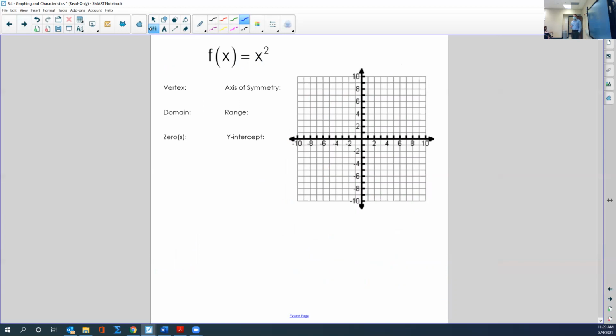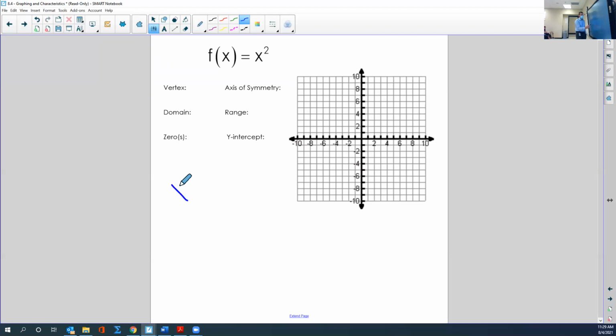We need to be able to apply some of these things and know how to work from just finding the vertex. So technically, f(x) = x squared is in all three forms. Right? It's in standard form, it's in vertex form, it's in intercept form. Doesn't look like it, but it is. So you can graph this and then translate your characteristics based off of what we are dealing with.